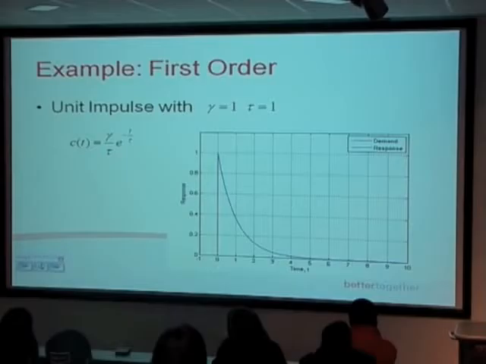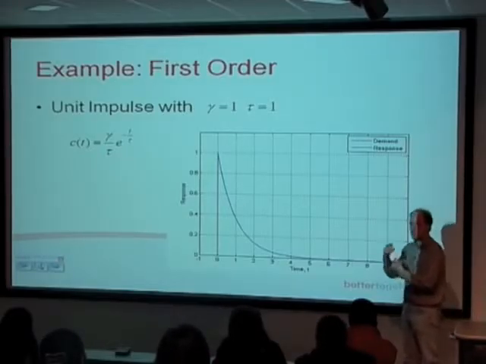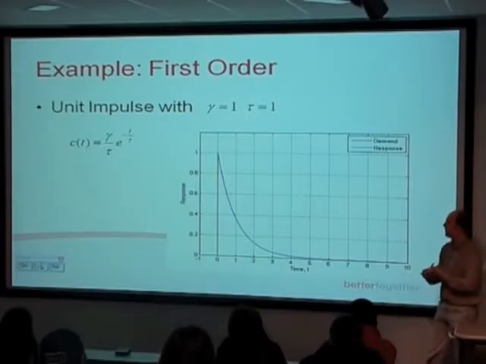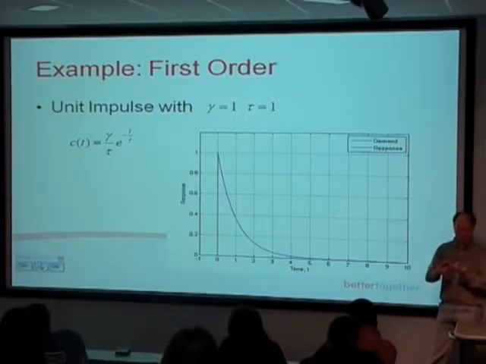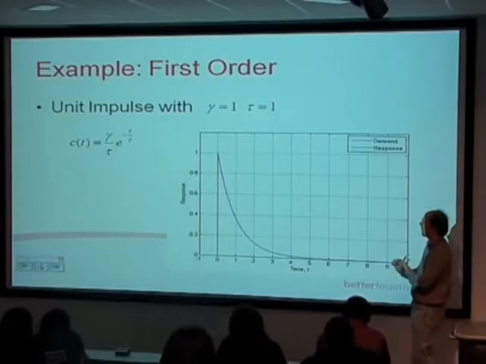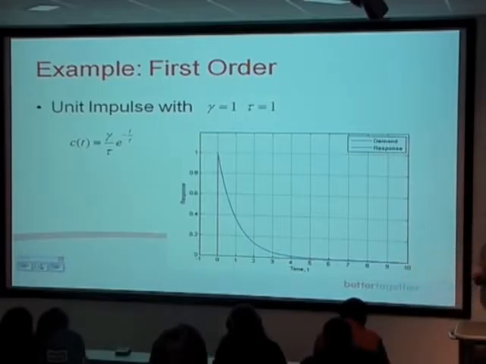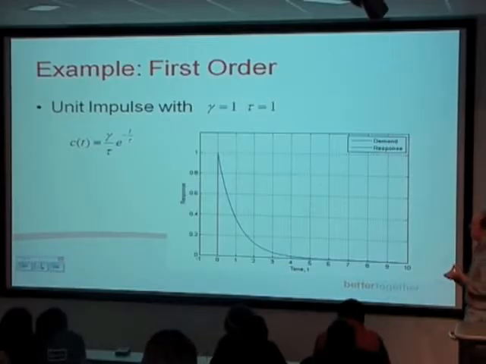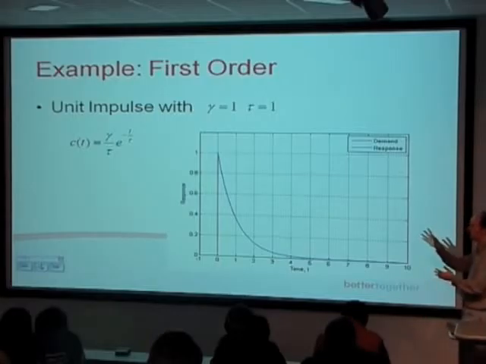Okay, so what we've done so far is we've gone through the different types of inputs, okay? A step input, a ramp input, and an impulse. And what we've then done is we've looked at, with a standard first order system, we've rearranged it, we've applied the input, and then we've gone back to the time domain to plot the response.